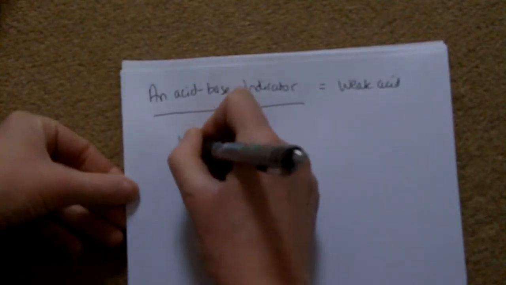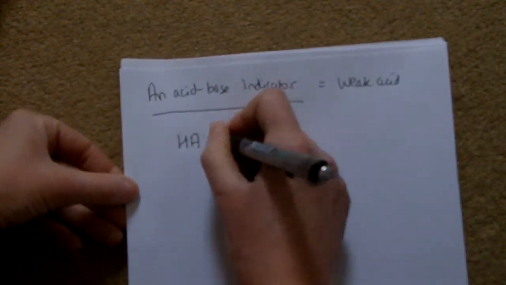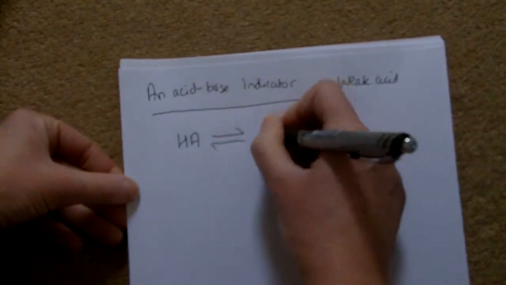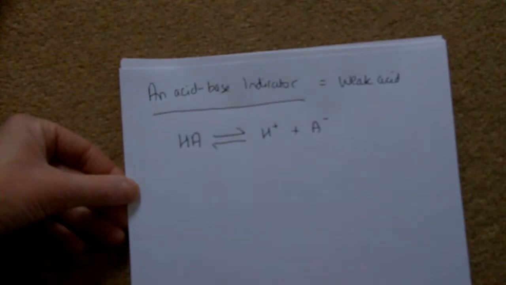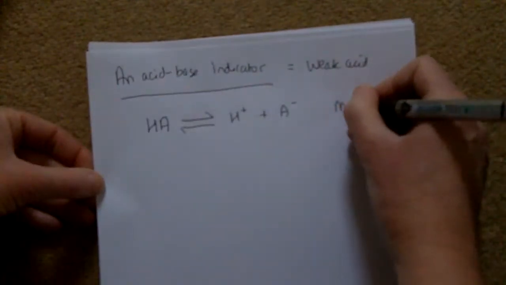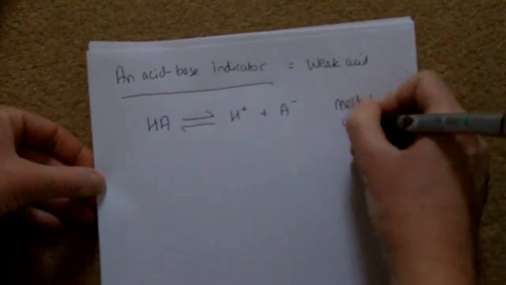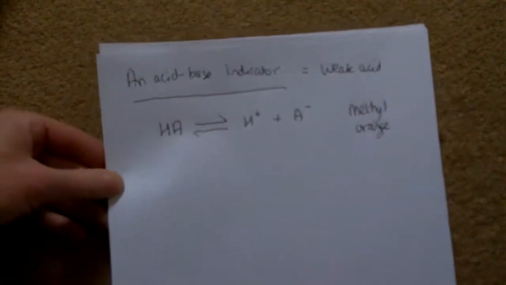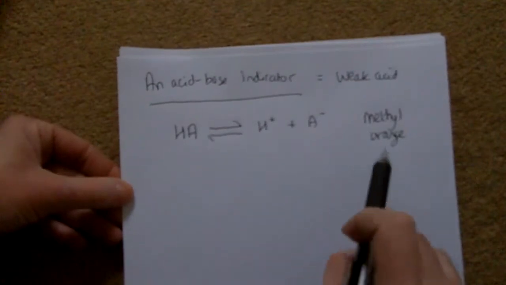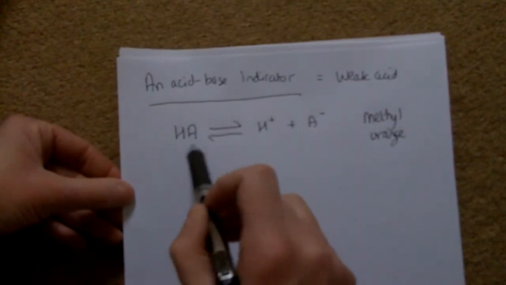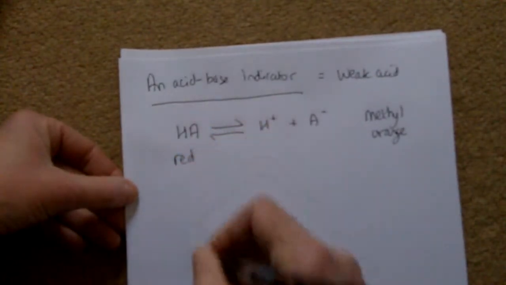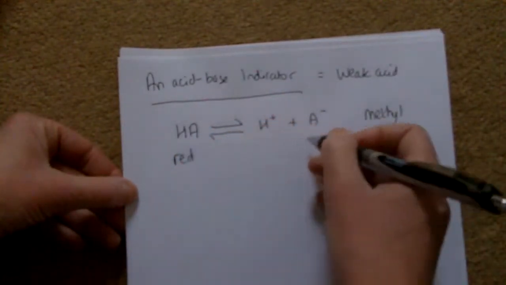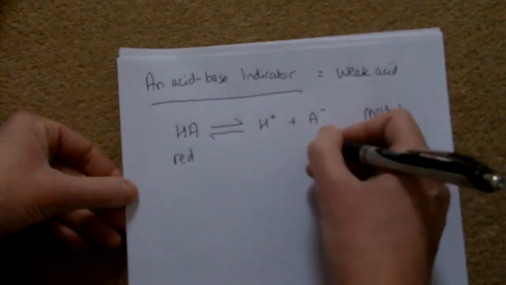Remember, a weak acid partially dissociates into ions. So if you take the indicator methyl orange, which is quite a big complicated molecule, when it's in the HA form, it's the color red. When it's in the conjugate base form, it's the color yellow.